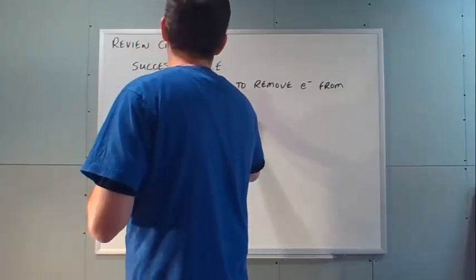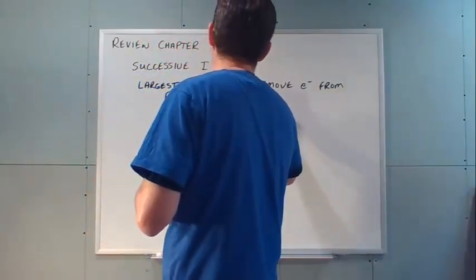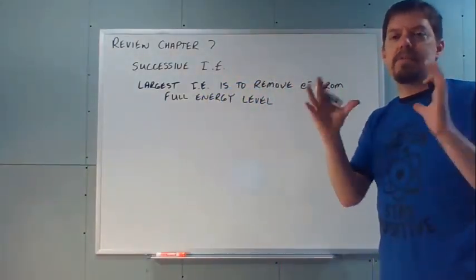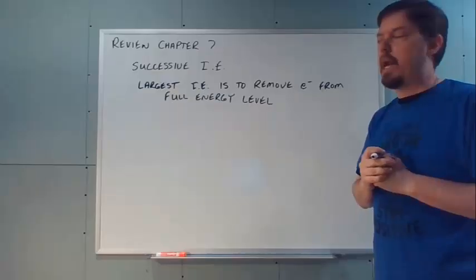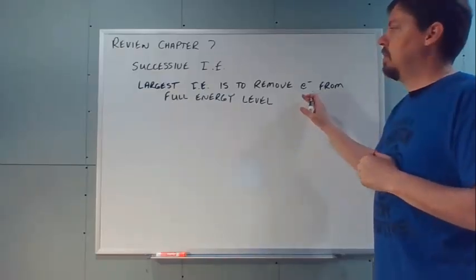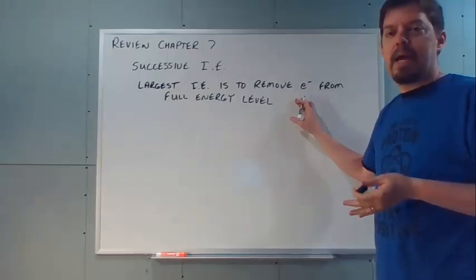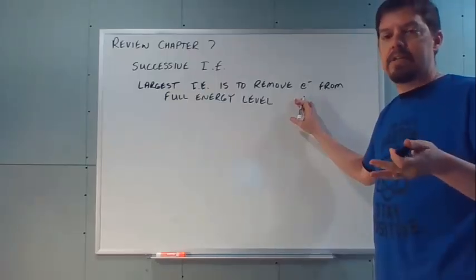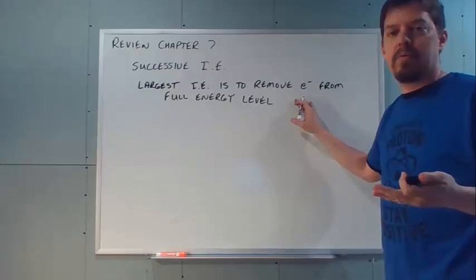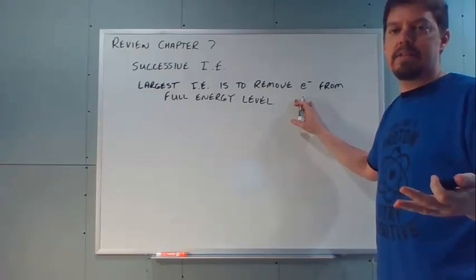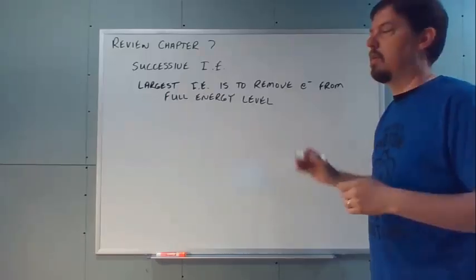And again, if you're removing an electron from a full energy level, then you are breaking up that even distribution of charge and that stability that the atom has. So removing an electron from a noble gas is going to take a lot of energy. Anytime you have a noble gas configuration, there's going to be a huge value for the ionization energy for removing that electron.